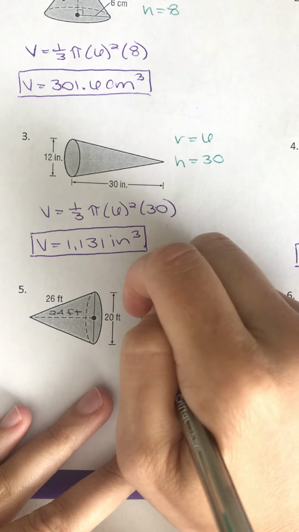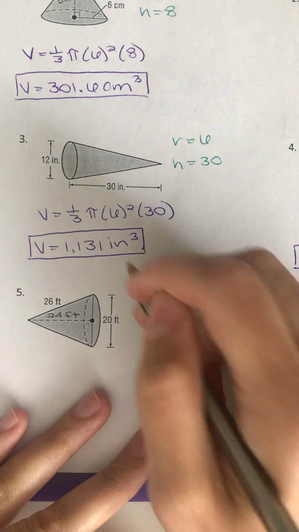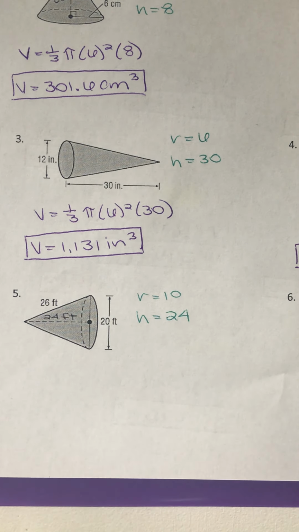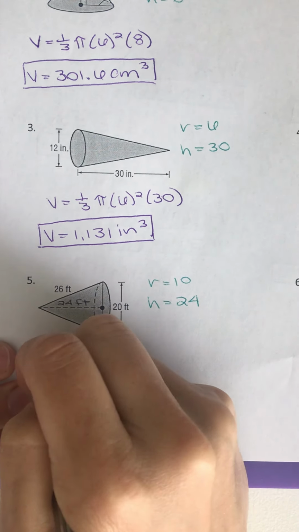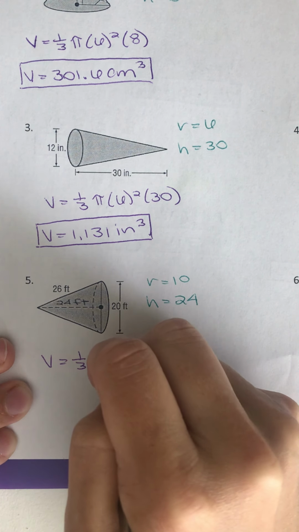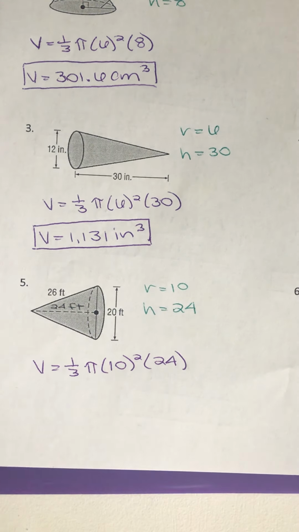This one, my radius is half of the diameter, so it'll be 10. My height is given as 24. My volume is 1/3 pi 10 squared times 24.